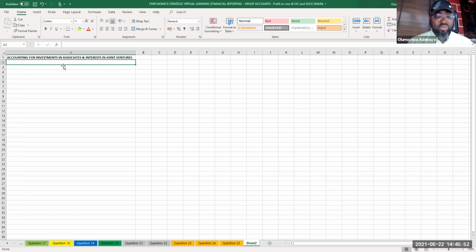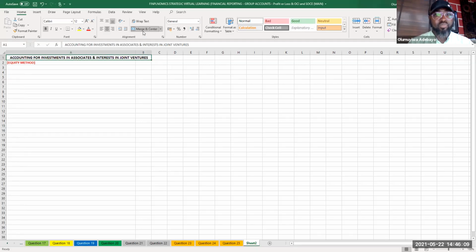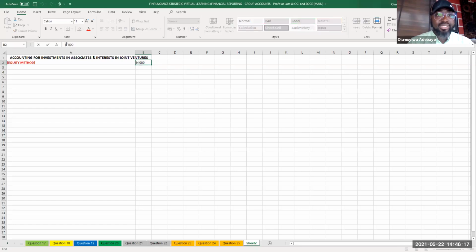Now, the method we are using is equity method. And what is equity method trying to infer? Let's say all figures in thousands of Nigerian naira.